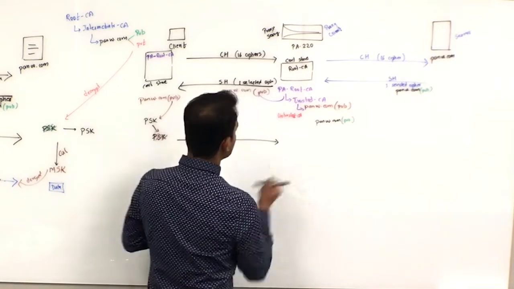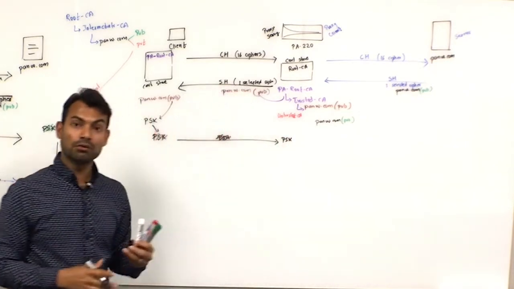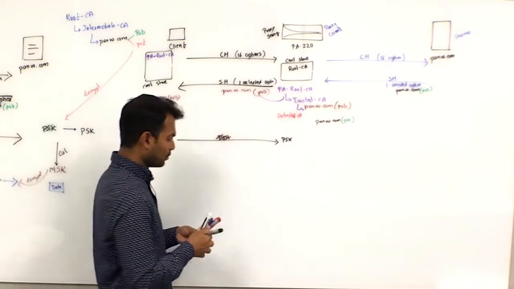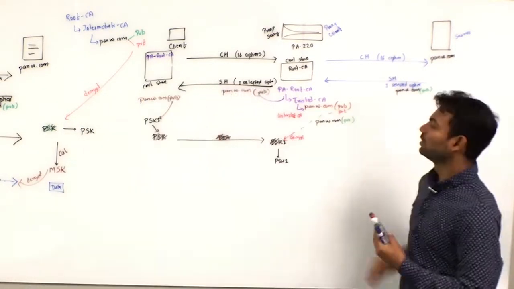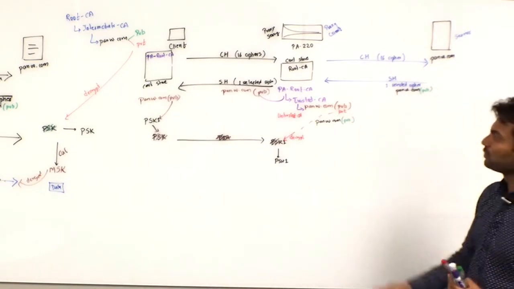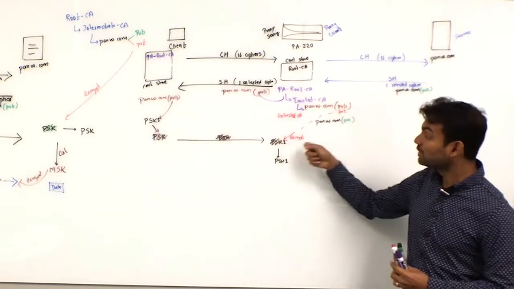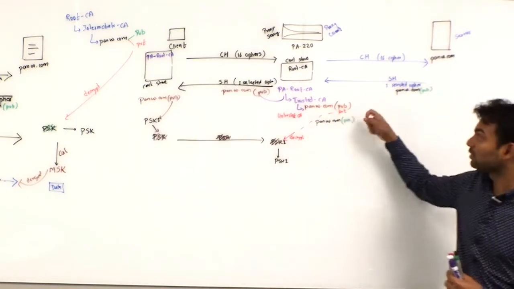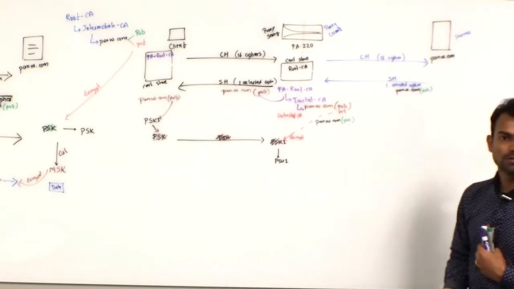When the firewall receives this PSK, because we are doing a proxy, the firewall will stop this packet and try to inspect this PSK. So when the firewall acting as a proxy server receives the PSK packet, it can decrypt this packet because it has the corresponding private key on the firewall, since we created that server certificate.